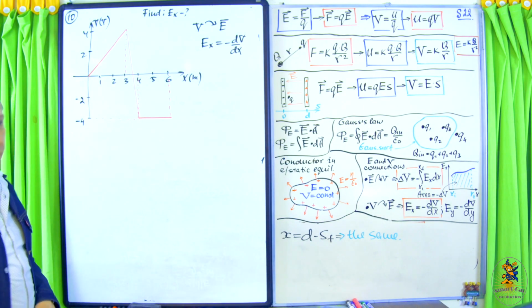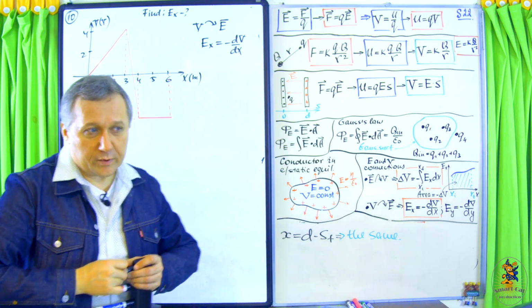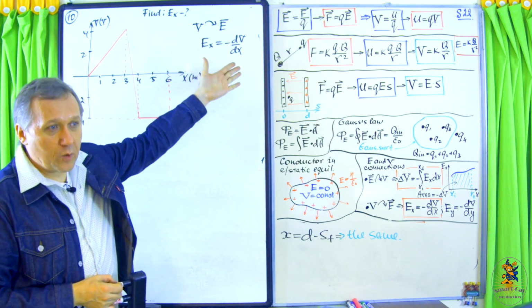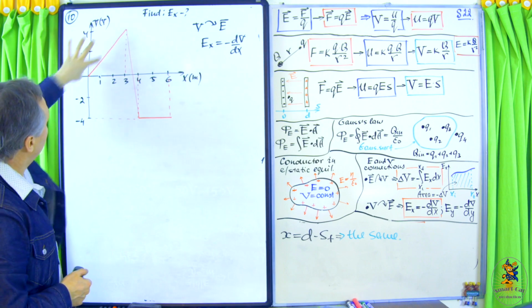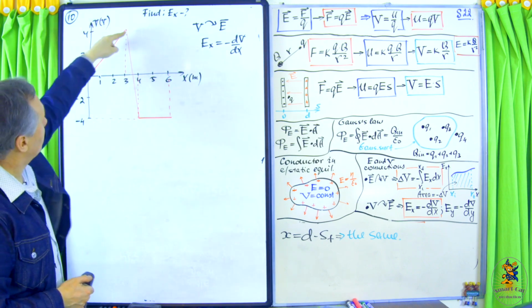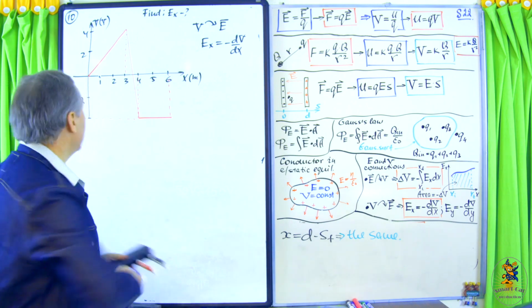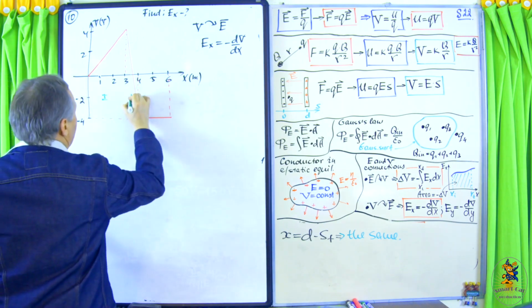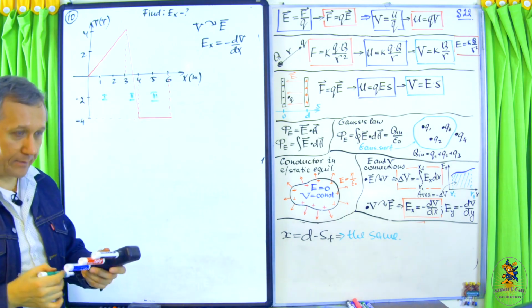And before I start calculating, obviously we'll have to divide this problem into 3 parts, because we just need to find the slope, and we have a certain value of the slope in this part of the curve, then in this part, and that part. So part number 1 here, second part here, and the third part there, right?